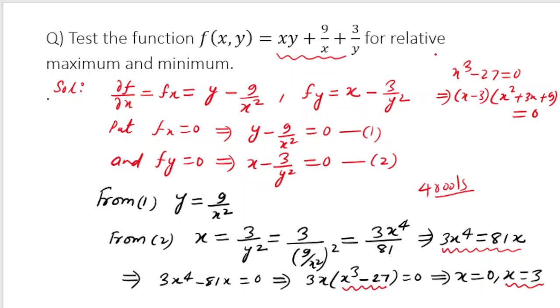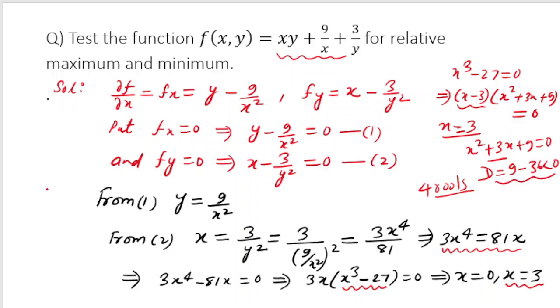I hope you remember the formula, a cube minus b cube is a minus b, a square plus ab plus b square. So this will give me x is equal to 3, right? And what will be the roots of this? If you look at the quadratic equation, x square plus 3x plus 9 is equal to 0, the discriminant d is b square minus 4ac, that is 9 minus 36, which is less than 0. So that will give me imaginary roots.